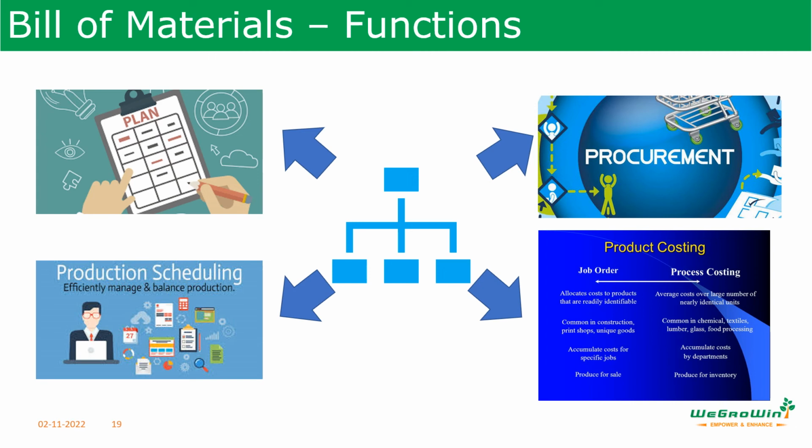In general, the bill of material is used for planning purposes, MRP, work scheduling, procurement, and product costing. When we are talking about procurement, it is to explore the bill of material and get the required components, and also for the subcontracting process. Because when doing the subcontracting process, you supply one component or material and get back another material. So for this, we need to maintain the bill of material.